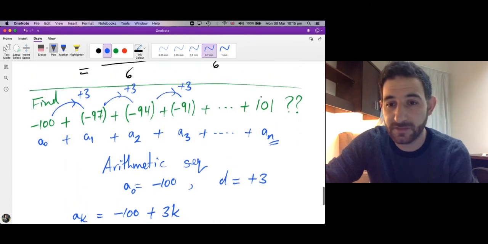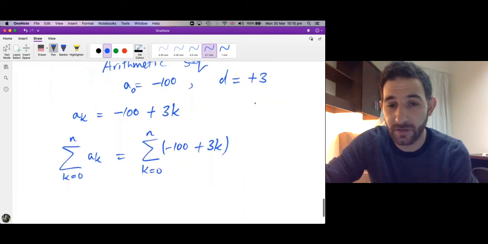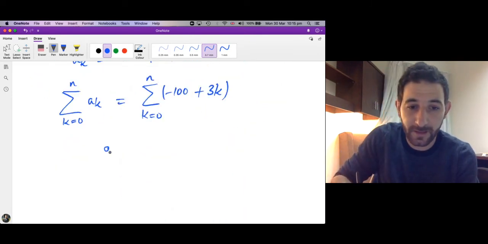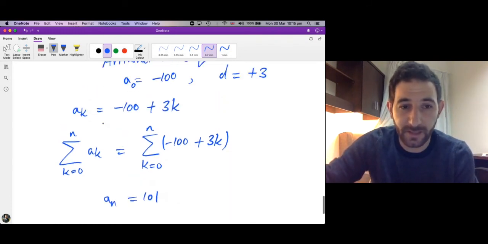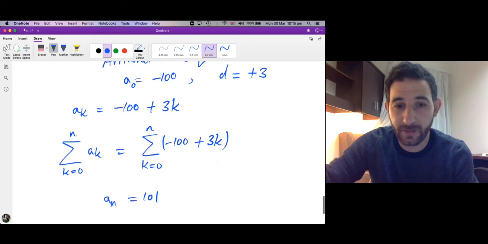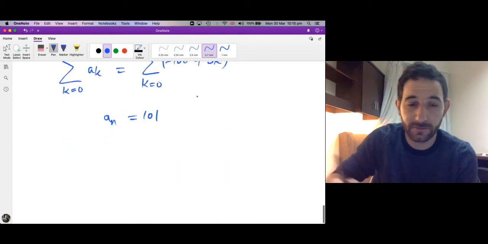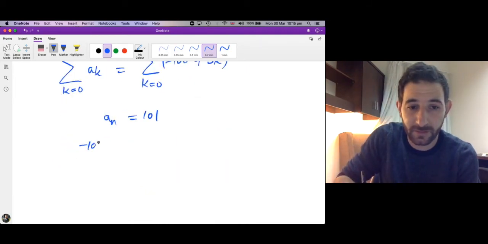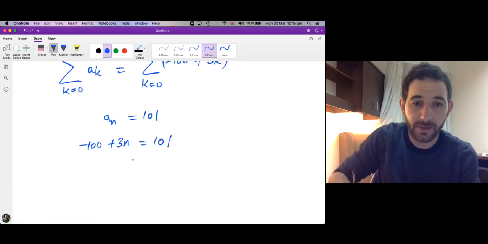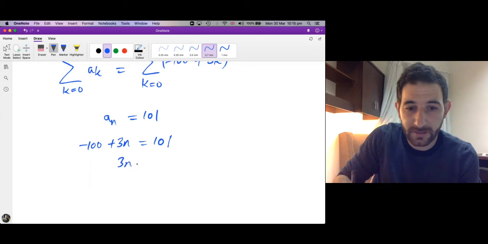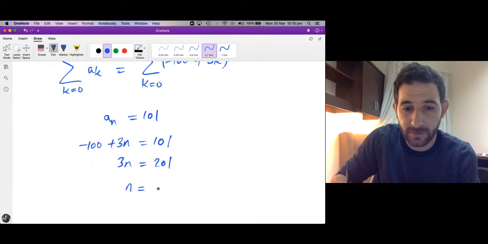The last term has value 101. So we want to find when an is 101. But an is negative 100 plus 3n. So negative 100 plus 3n is equal to 101, and 3n is equal to 201, and this means that n is equal to 67.